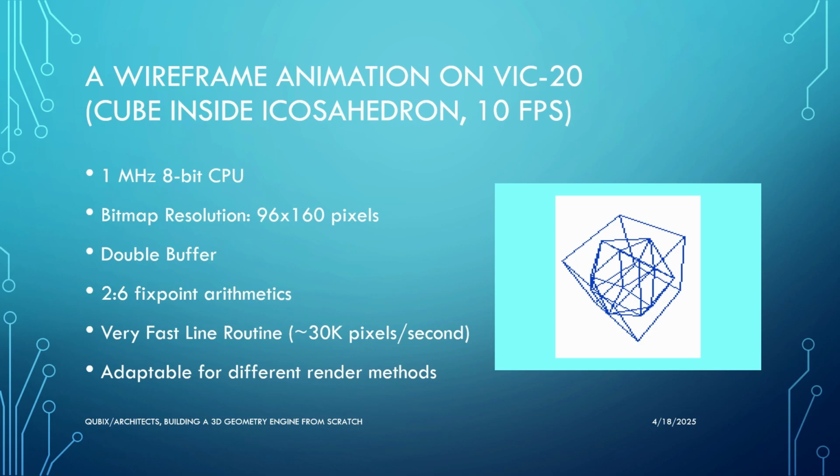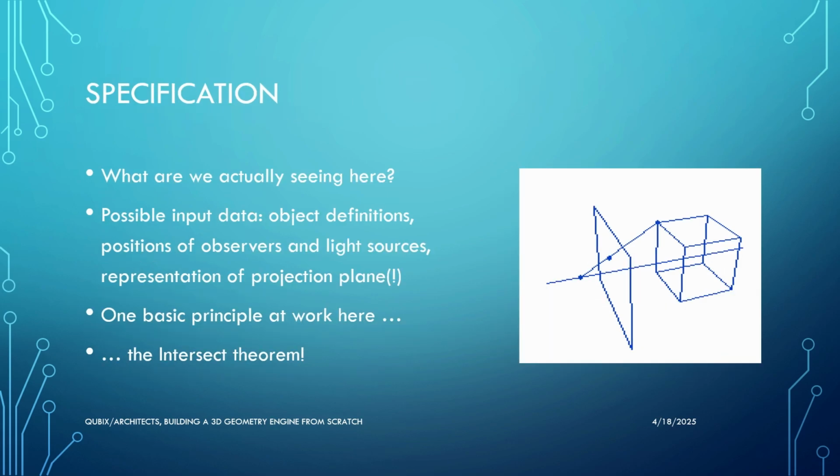So what are we actually seeing here? That's not quite obvious. We have this construction here. Now, instead of being the leftmost big dot on the optical axis, we are viewing the whole setup from the outside.